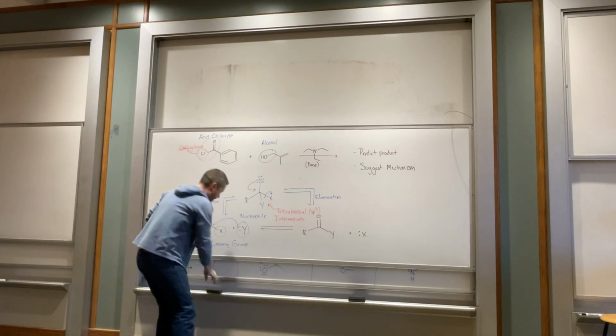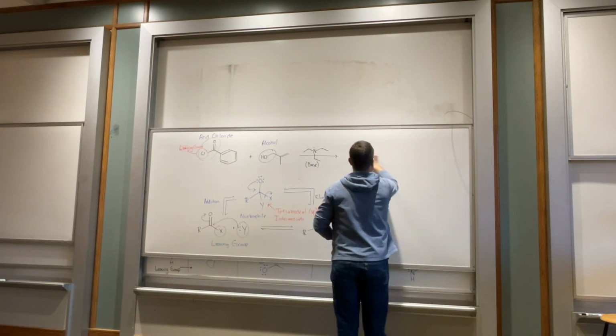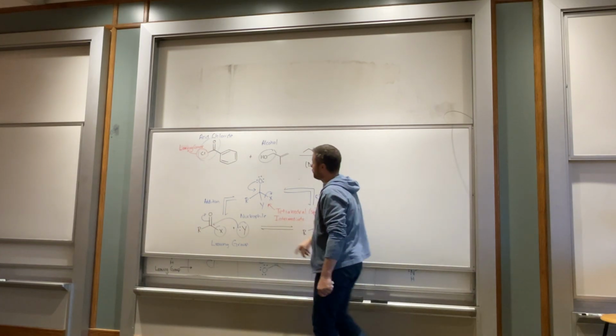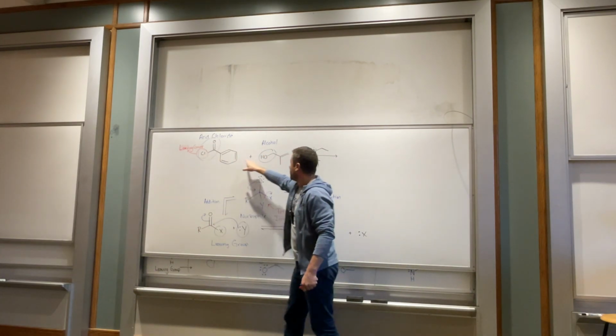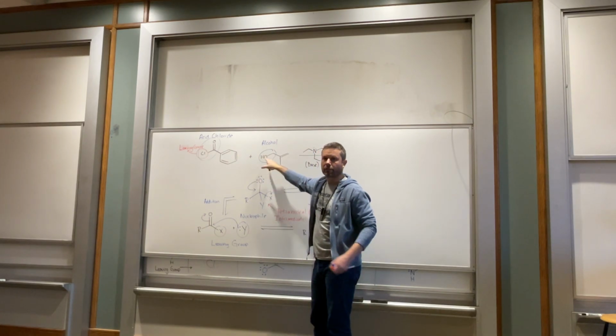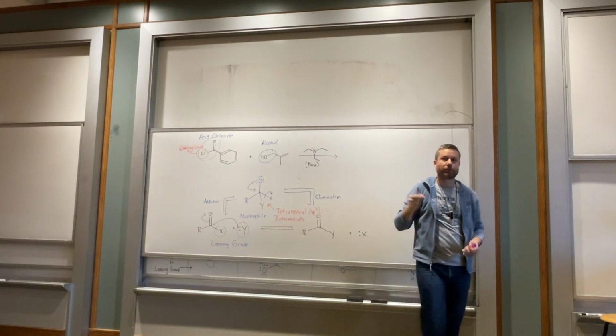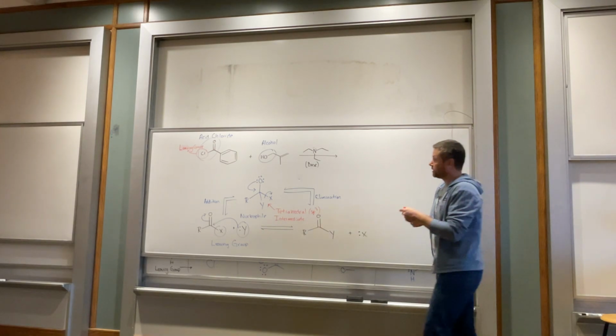Okay, so when we think about drawing a product for this reaction, right, we want to replace the leaving group with the nucleophile, right? And it's the nucleophilic atom of the nucleophile that's going to make the new bond to the carbonyl carbon.